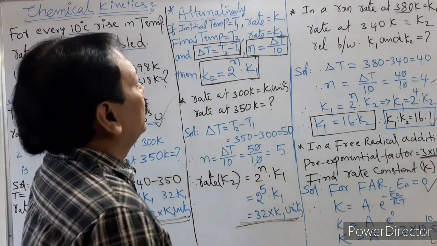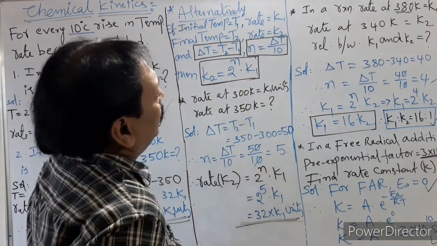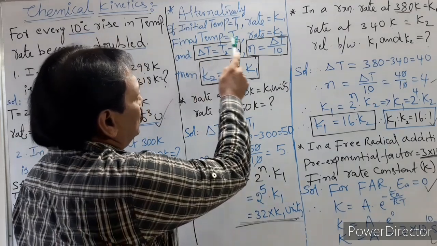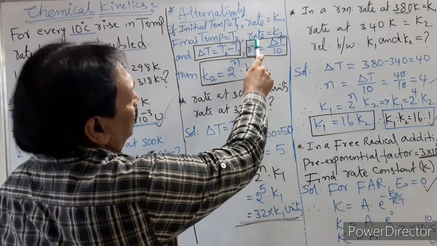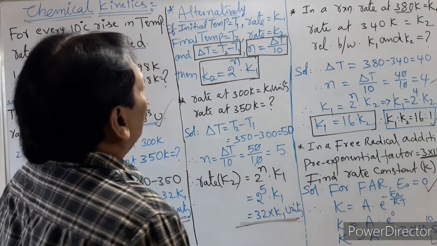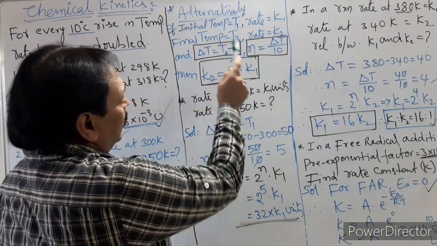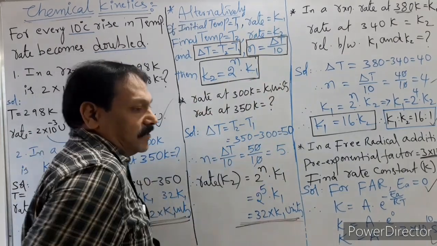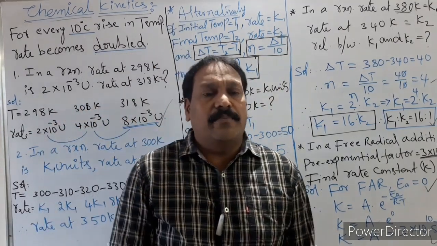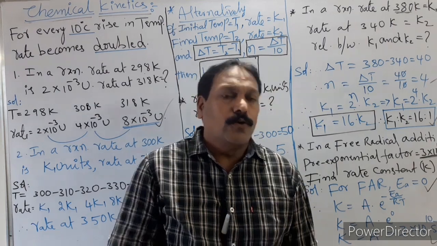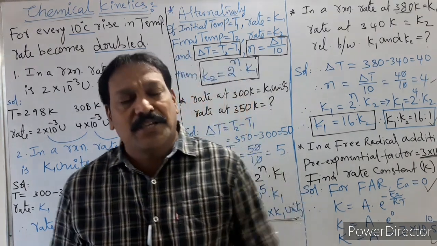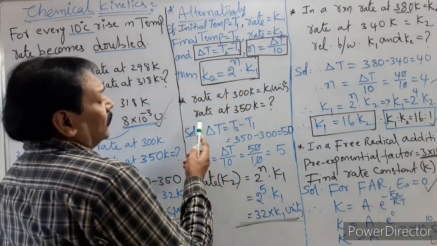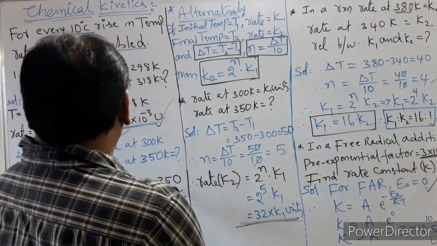Consider a reaction whose initial temperature is T1, and the rate at that temperature is K1. The final temperature is T2, and the rate at the final temperature is K2. Delta T is equal to T2 minus T1 and n equal to delta T by 10, then the rate at final temperature K2 is equal to 2 power n into initial rate K1. Therefore, the formula is used in the second problem.